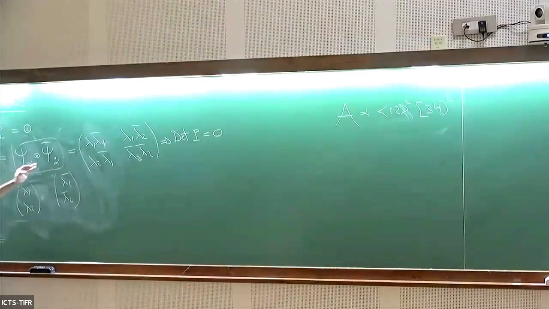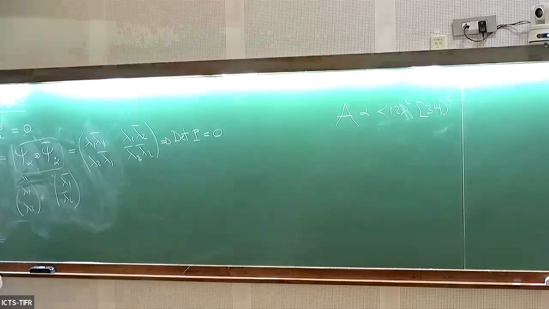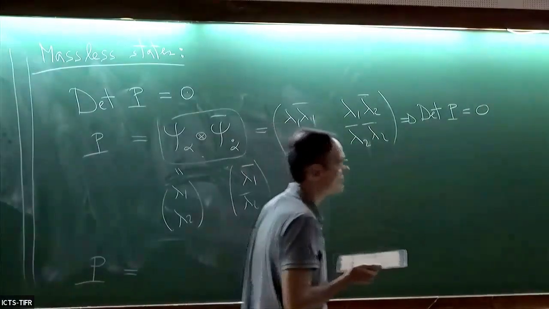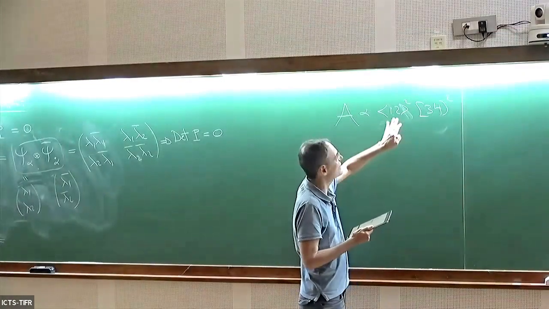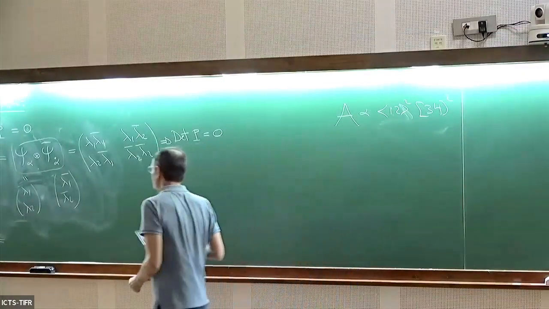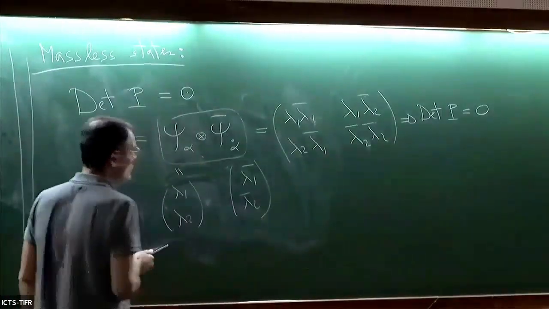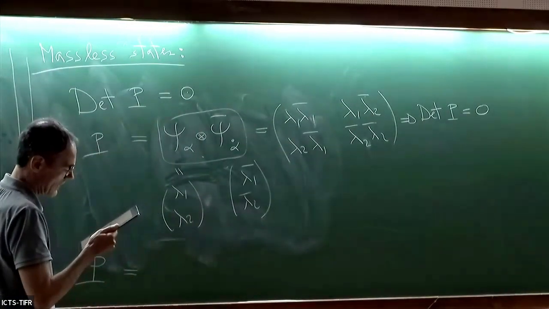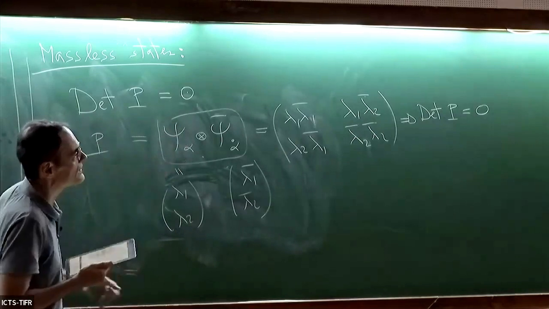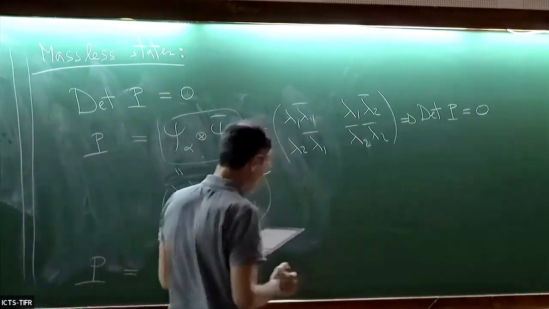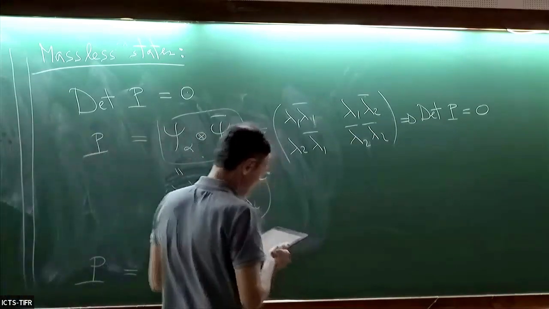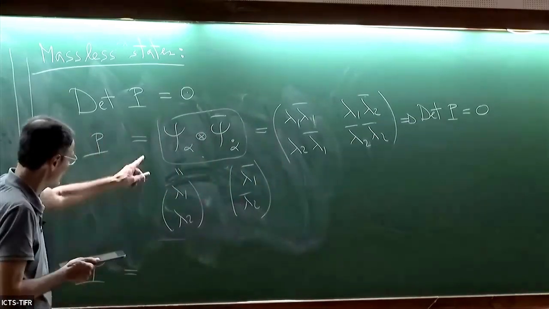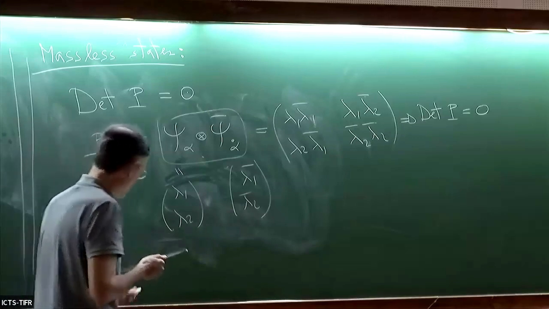We could be talking about these two component spinors, but people prefer, for a reason that will be clear later because it's easy to write them, to use this notation with angle spinors and square spinors.